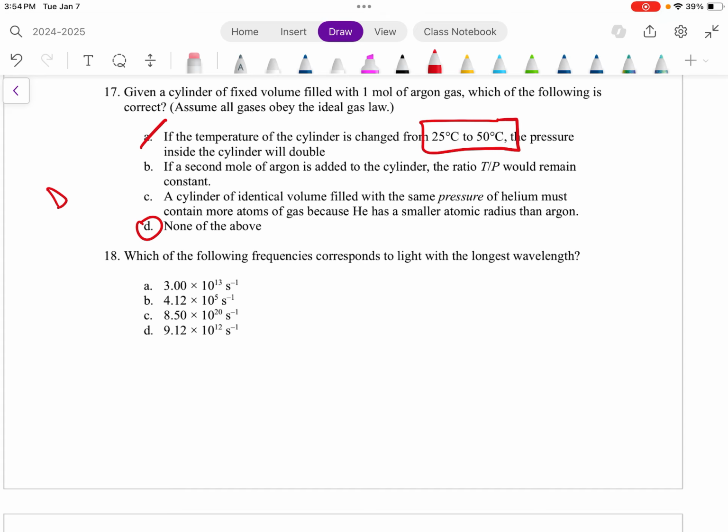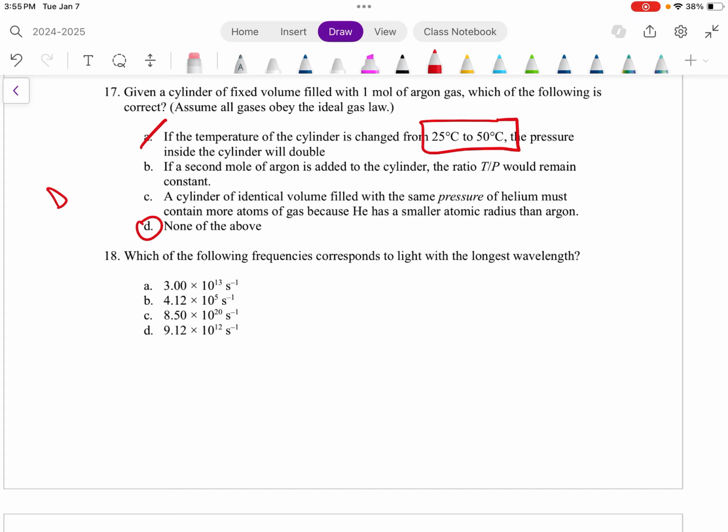If a second mole of argon is added, the ratio would remain constant. Okay? That is not true. A cylinder of identical volume filled with the same pressure of helium must contain more atoms of gas because helium has a smaller radius than argon. Okay? This one's tricky because helium does have a smaller radius than argon. But you have to understand what it's asking you.